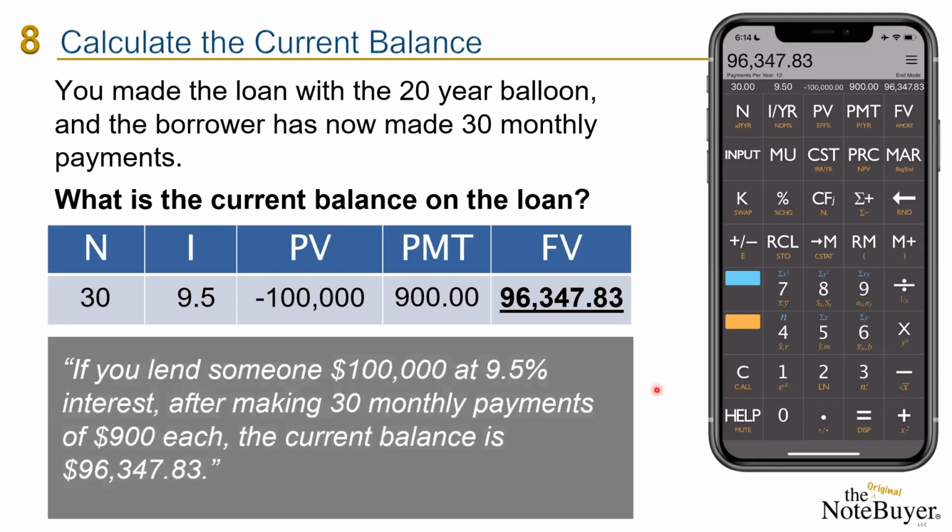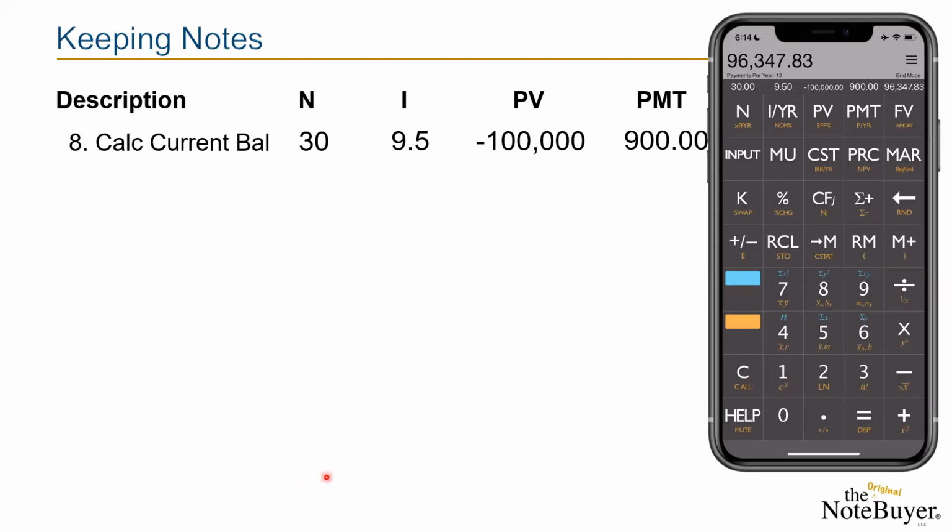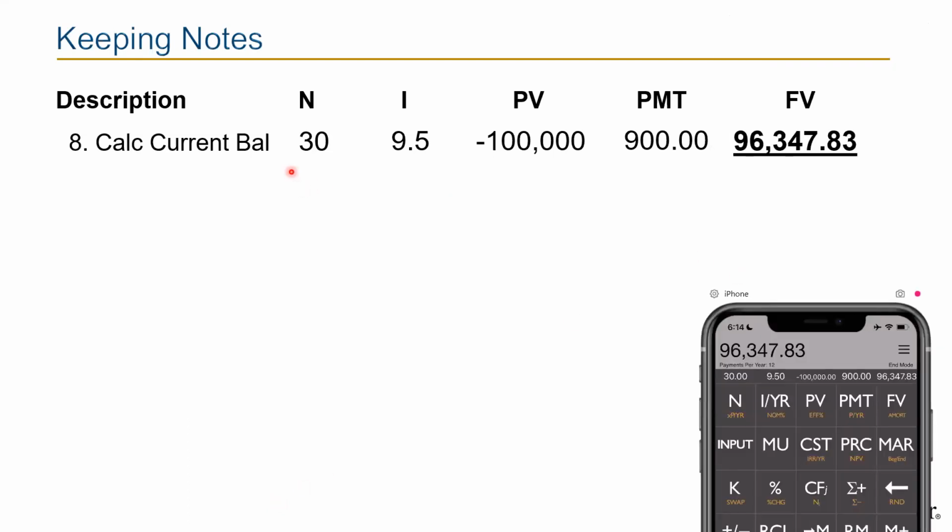So this tells me that if you lend someone $100,000 at 9.5% interest, after making 30 monthly payments of $900 each, the current balance would be $96,347.83. And so we can go ahead. I started a new page on this, and we see those same numbers. Okay.